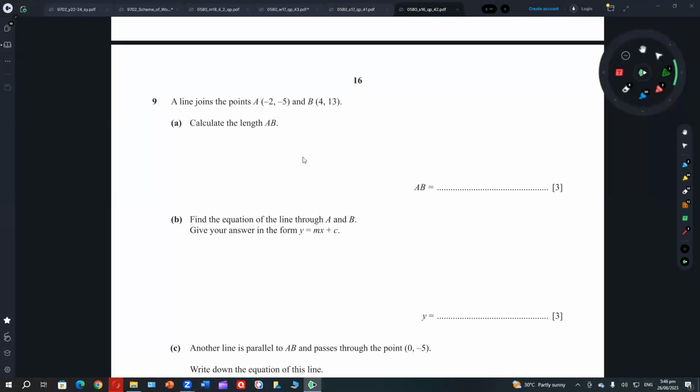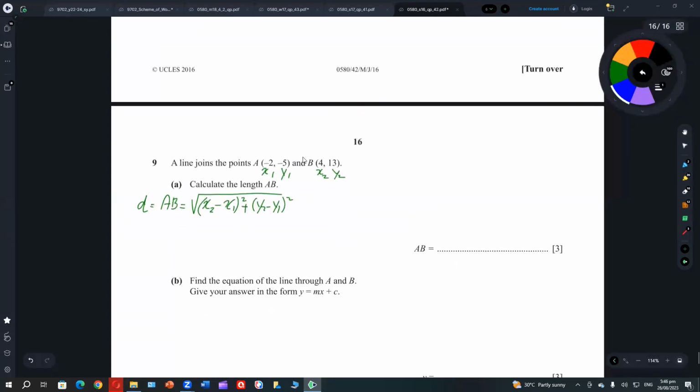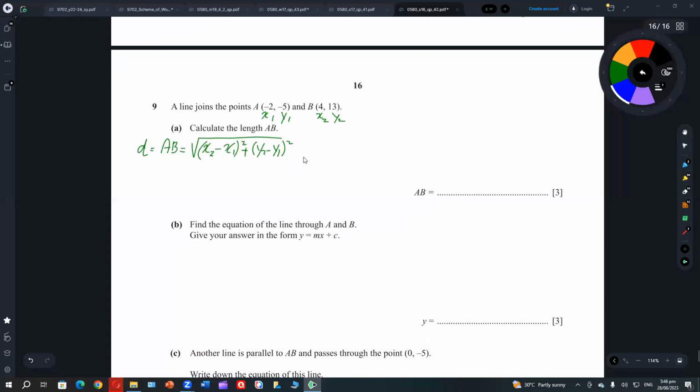So I have written the formula. This is the distance formula.